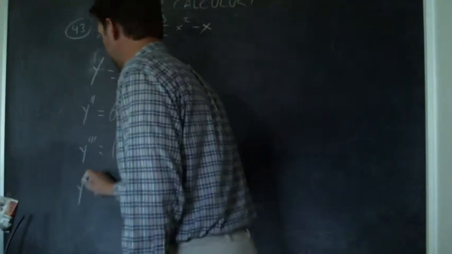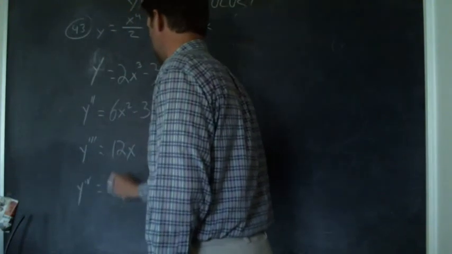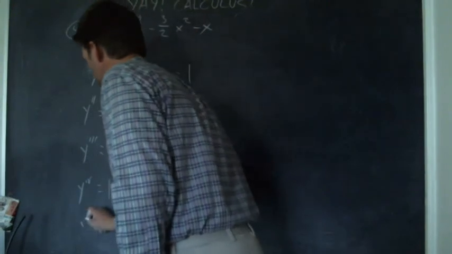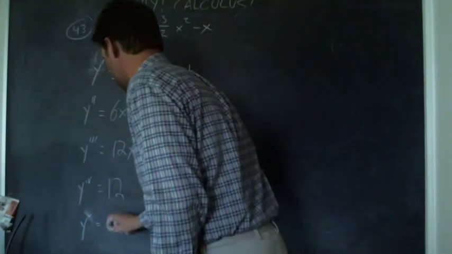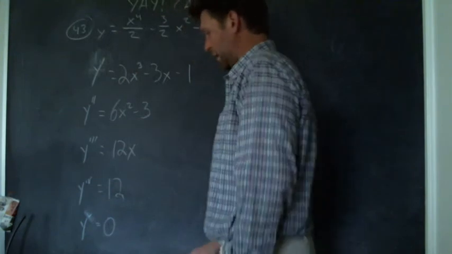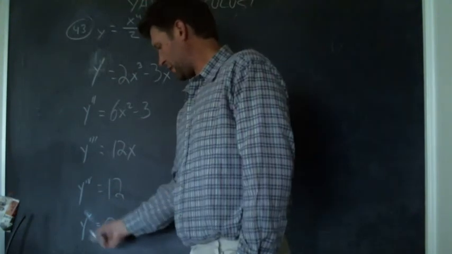Fourth derivative will be 12. And the fifth derivative, not much of a derivative, is it? Well, 0. And then all the further derivatives after the fifth derivative will be 0.